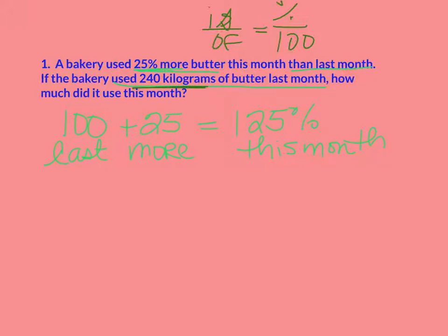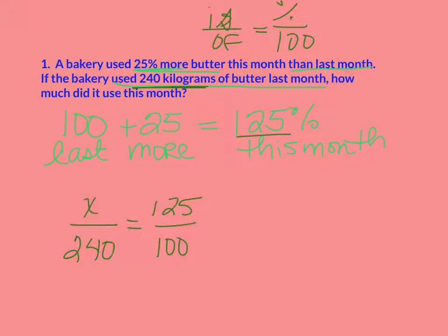Okay, we know that they used 240 last month, so that's of. So we're finding the percentage of last month. So the of would be 240, that's what would go on the bottom. The is what we don't know, so I'm going to make that an x, equals, and we have our percent, 125, over our original percent, which is 100.